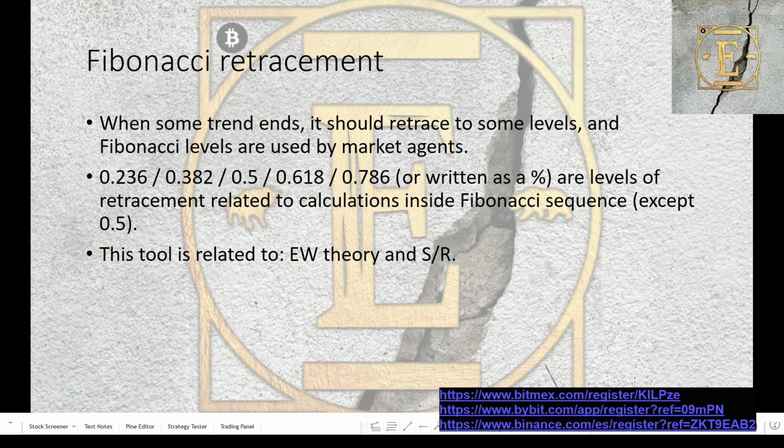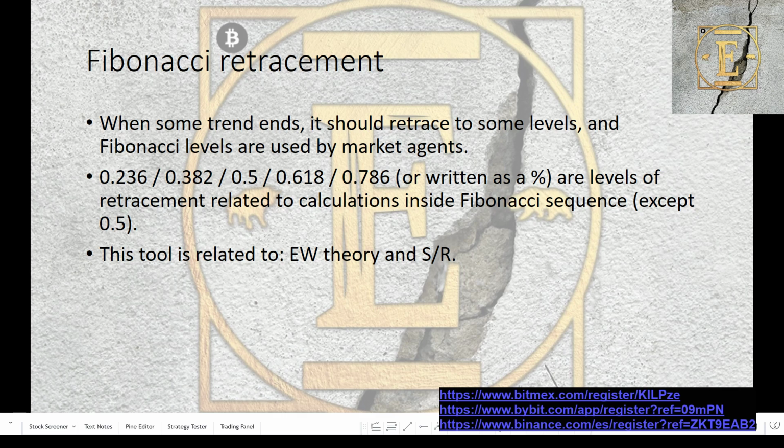This is only the half of the trend. But for example, 0.236 and 0.382 are the result of dividing a number by the second following and the third following, and 0.786 is the square root of 0.618.